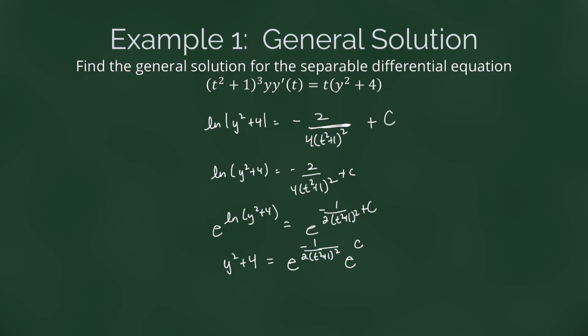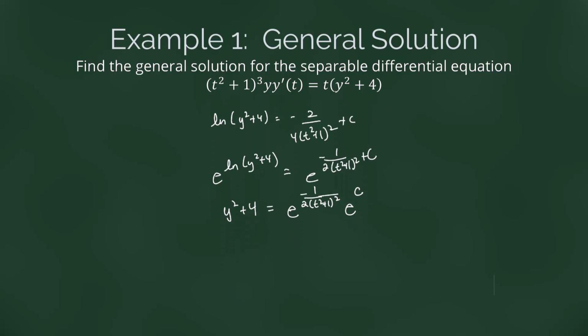If we use our rules of exponents, we can split that into e to the c. Subtracting 4 from both sides, we get y squared is equal to e to the negative 1 over 2 times t squared plus 1 squared times e to the c minus 4.